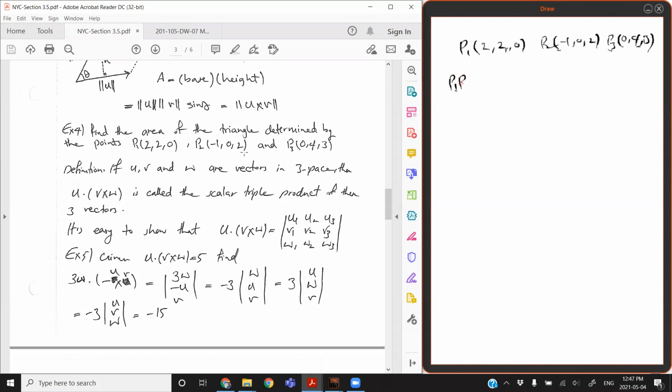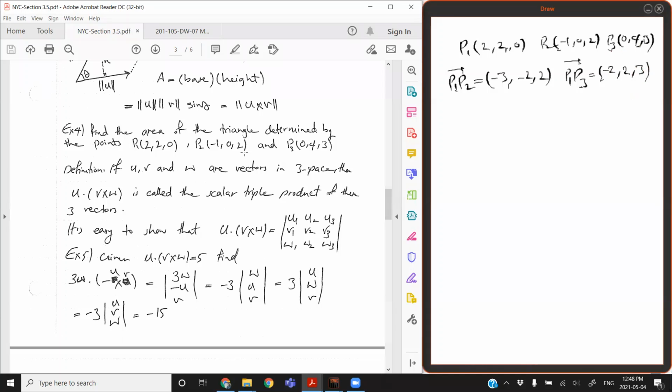The vector P1, P2 using terminal minus initial is going to be -1 minus 2, 0 minus 2, 2 minus 0, which is (-3, -2, 2). And the vector P1, P3 is going to be 0 minus 2, 4 minus 2, 3 minus 0, which is (-2, 2, 3).